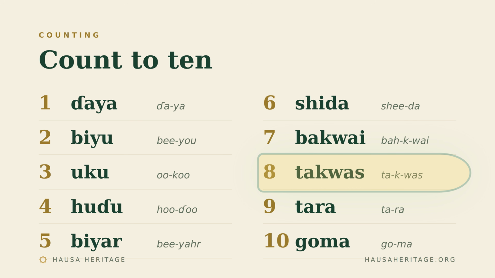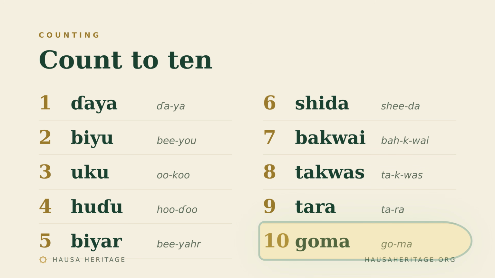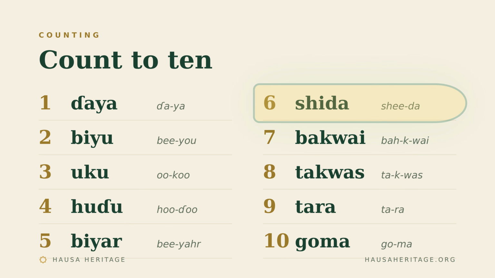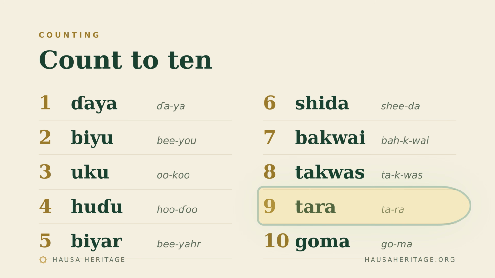Tara, that's 9. Tara. Then goma is 10. Goma. Now let's count from 6 to 10. Shida, bakwai, takwas, tara, goma.